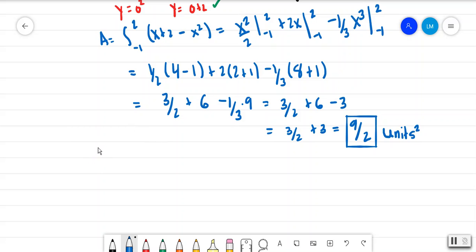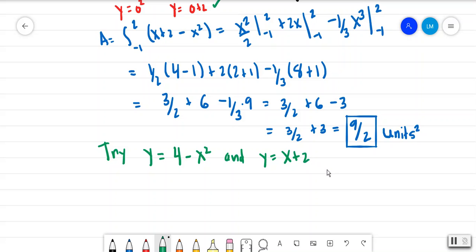I'll go ahead and put that you should try to find the area that's bounded by y equals 4 minus x squared and y equals x plus 2. And then see what you got. It may not be so much different from the one before, but just try and see.